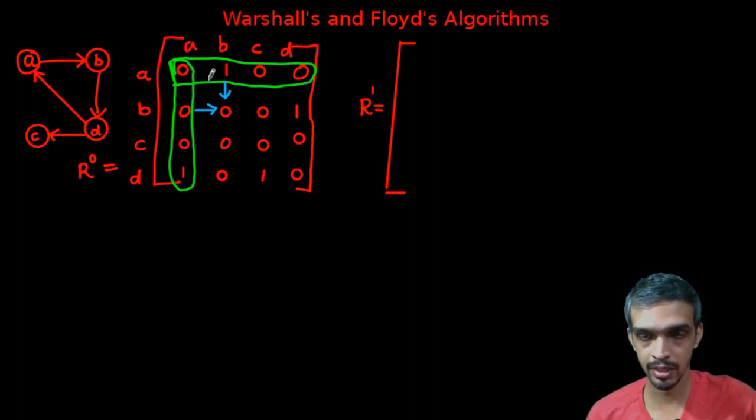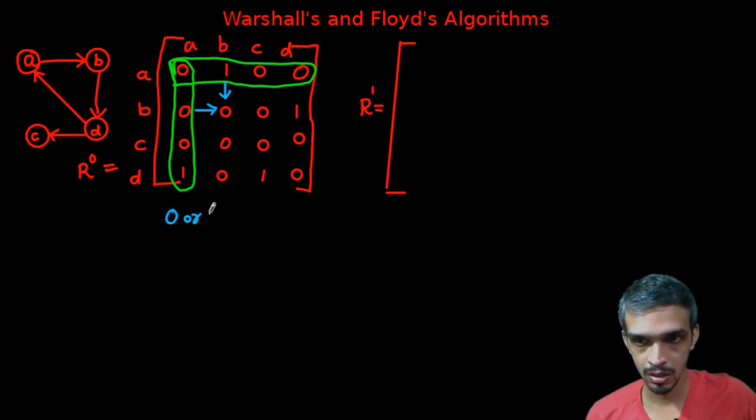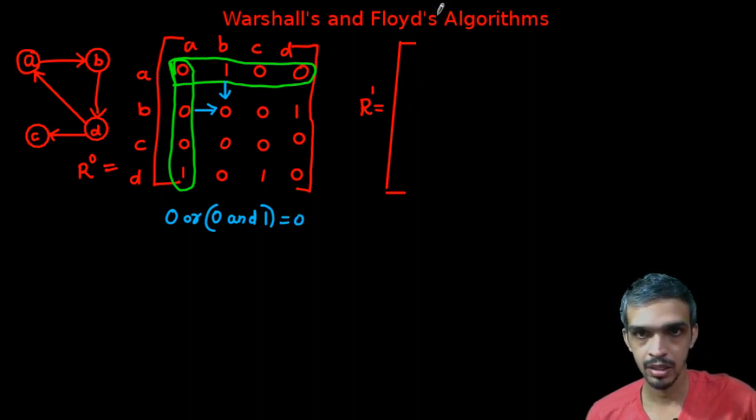This is a Boolean matrix. If you take the AND operation, 1 and 0 is 0, then you will be taking the OR with the resulting value, which means 0 OR 0 and 1, which is 0. So you will be having 0 here.